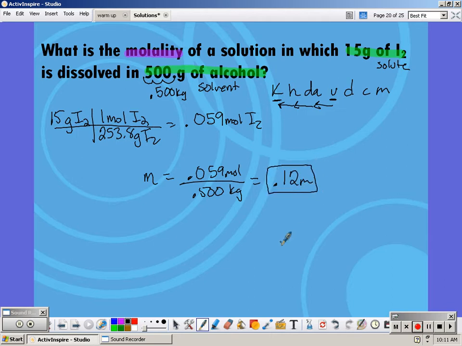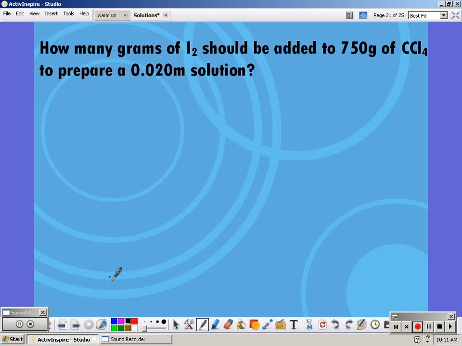Now you're not always going to be looking for molality. Sometimes you might want to know how much of the solvent or the solute you needed. So one more problem here. We have our molality given to us. Make sure you recognize that that little m is molality.